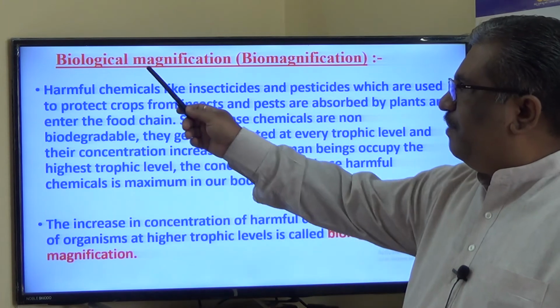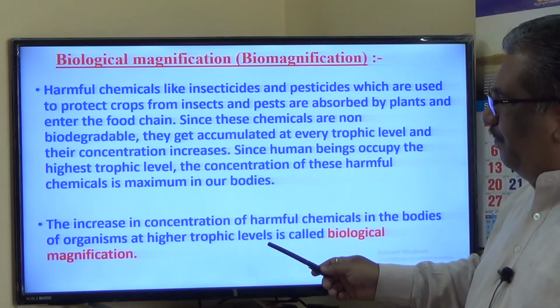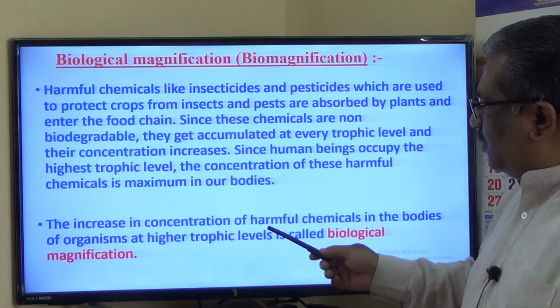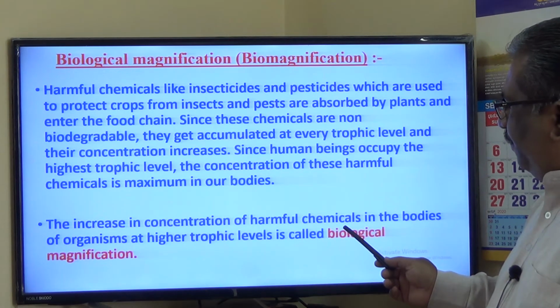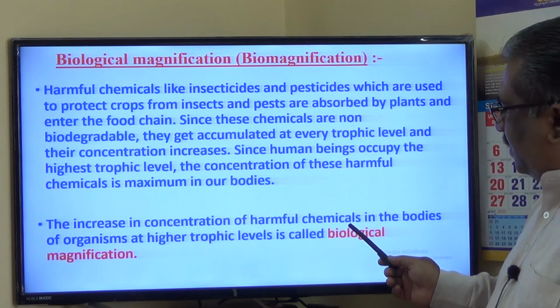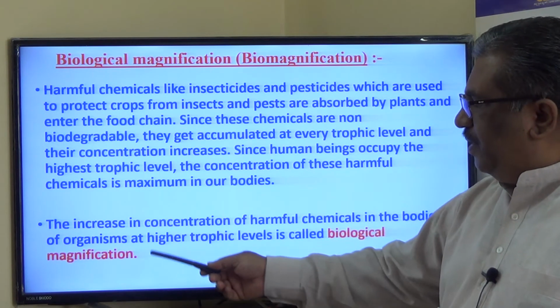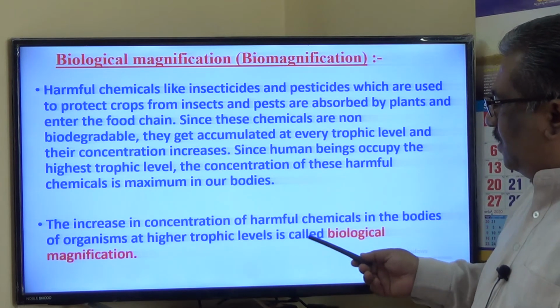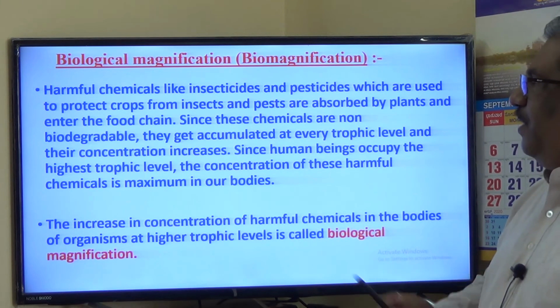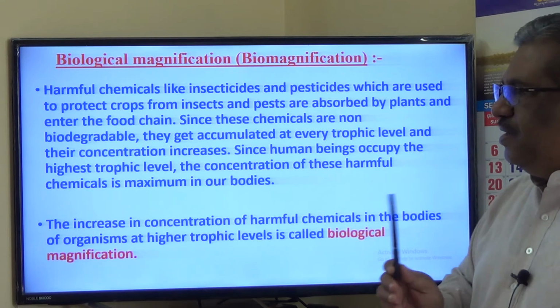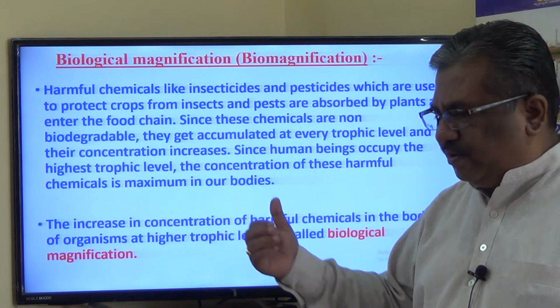The definition of biological magnification is given here. The increase in concentration of harmful chemicals such as insecticides and pesticides in the bodies of the organisms at higher trophic levels is called biological magnification or biomagnification. Simple to understand. Make a note of this.